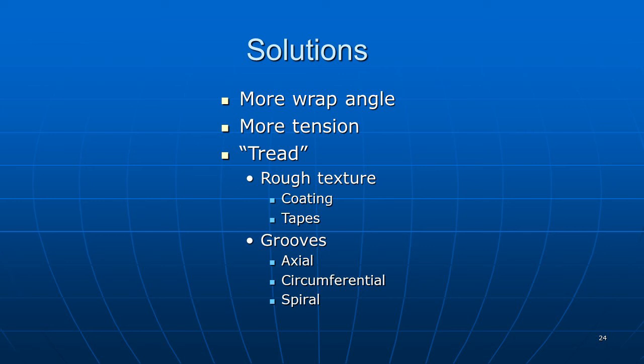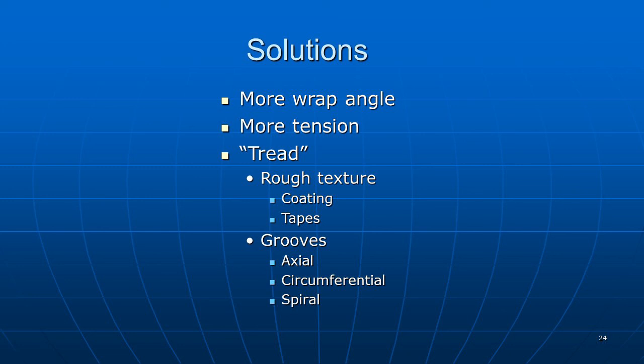This might be by way of rough texture. Some of the metal sprays create nice rough textures that can penetrate the air films and provide traction. Other types of coatings might do that. You can buy tapes that provide, again, rough textures for the web that can help you penetrate the air film and improve your traction.